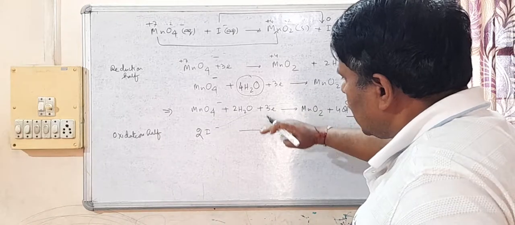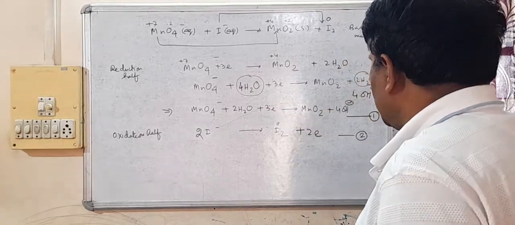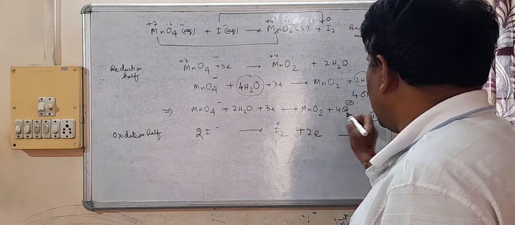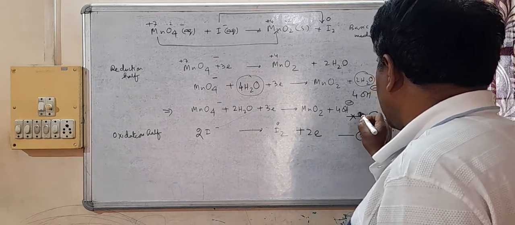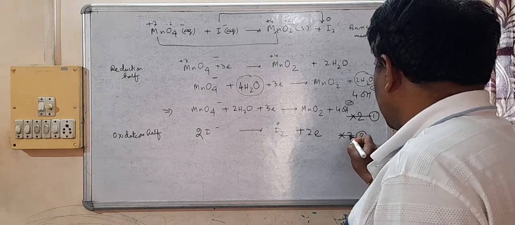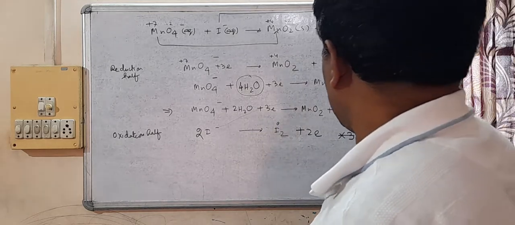Now we have to make the electrons the same. Since it is 3 here and 2 here, we will multiply this equation by 2, and this equation by 3, and we will add.